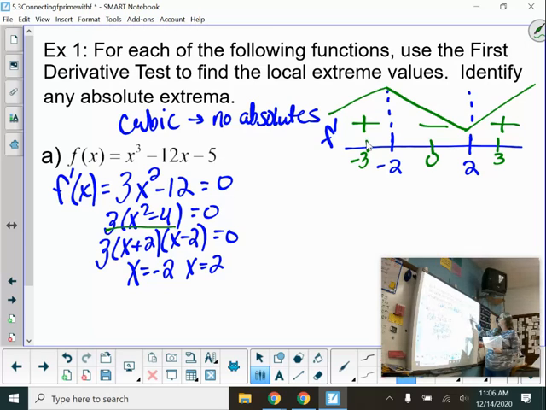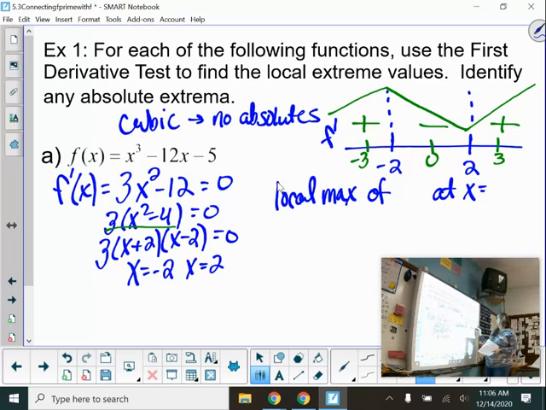Minimums occur where you change from decreasing to increasing. So to state your correct answer in the way that this is asking for, we have a local max of something at x equals negative 2. Now to actually find that value, we would have to plug it back into the original problem.